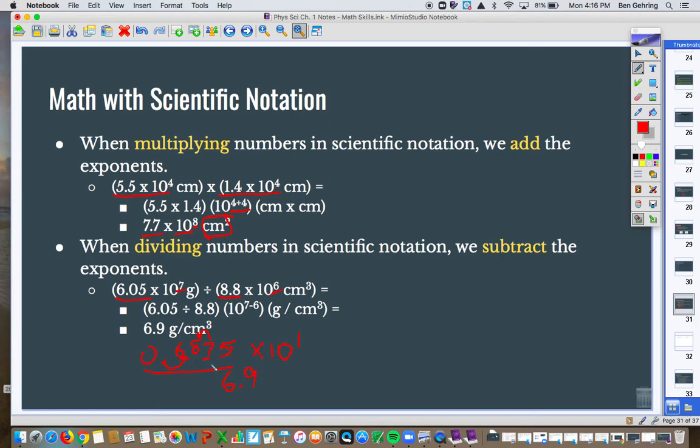Because I moved the decimal one place, I can take off the times 10 to the 1st, but I still need to write 6.9 times 10 to the 0 grams per cubic centimeter.